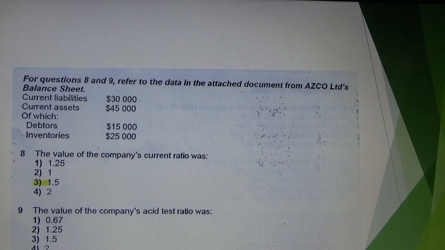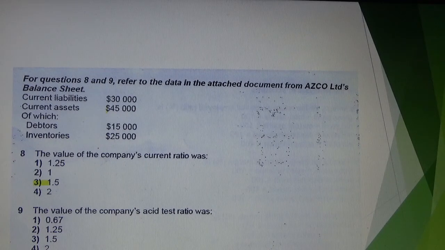The formula, acid test. We have current assets here, 45, minus inventories, 25,000, divided by current liabilities, here, 30.